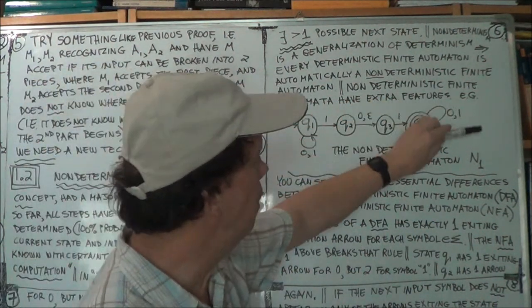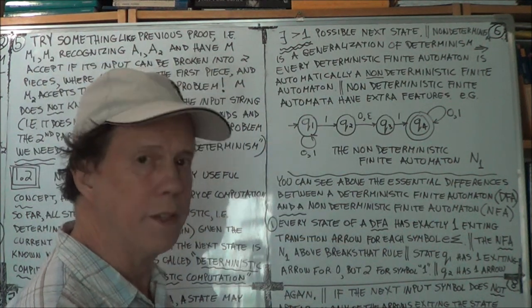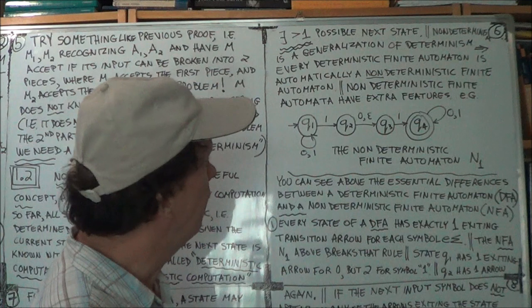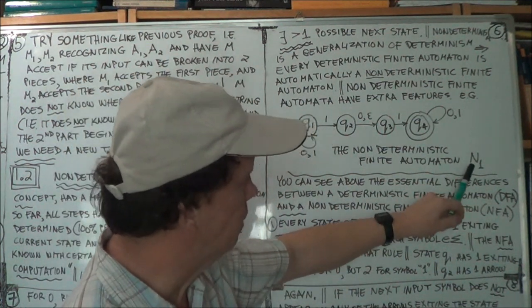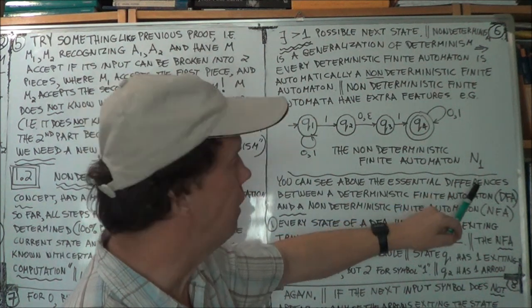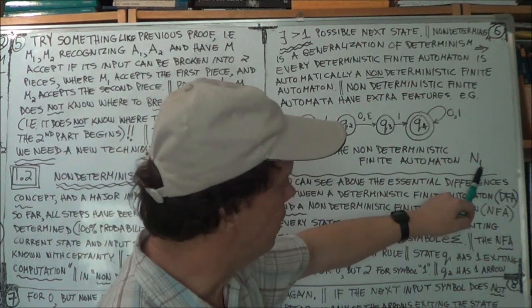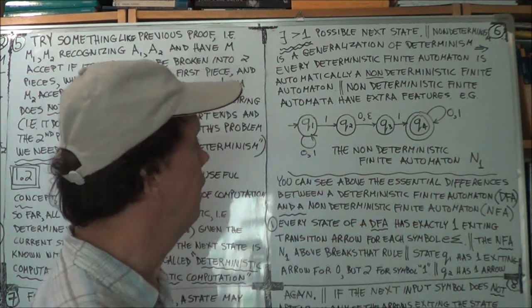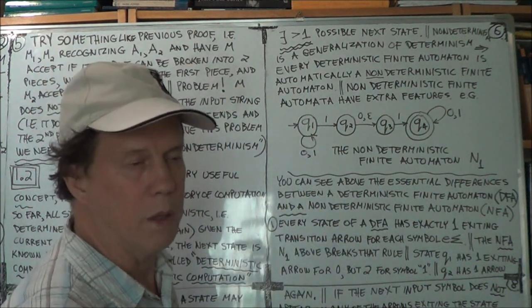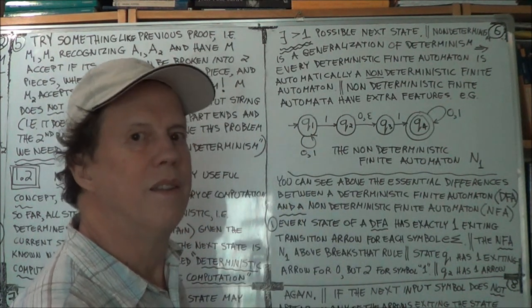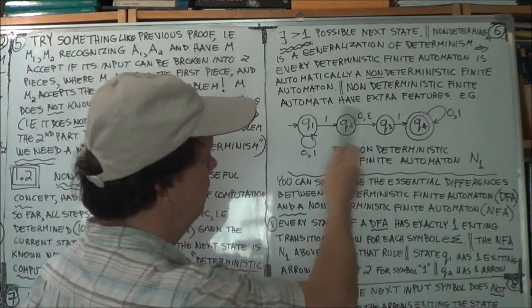Now here you have our first example of a state transition diagram, of our first non-deterministic finite automaton, labeled N, short for non-deterministic, so N1. Here is our first example of an NFA.